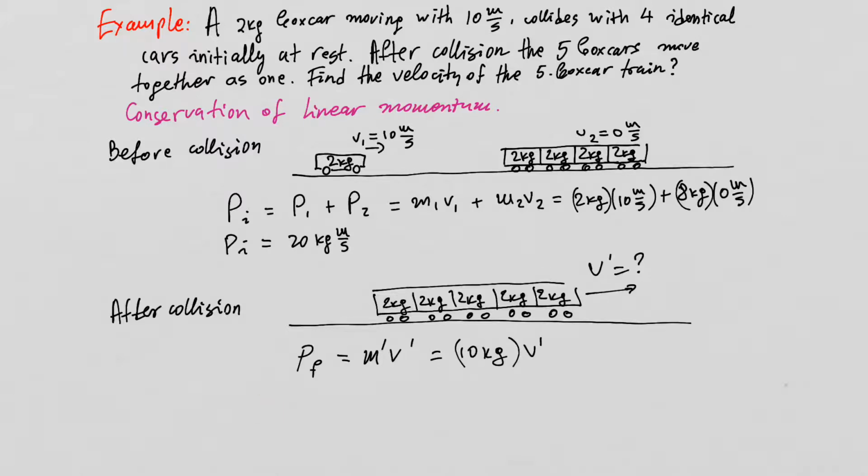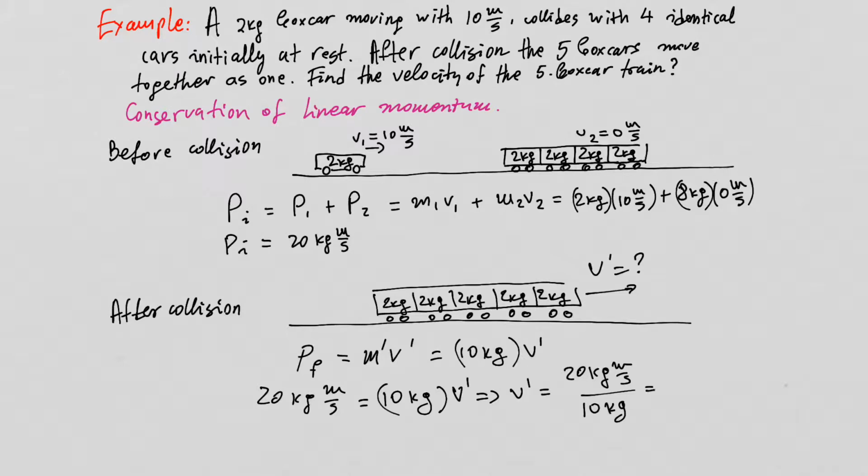From here I can solve for v prime, and v prime is 20 kilograms meters per second divided by 10 kilograms, and that gives me that the velocity of the train after collision is 2 meters per second.